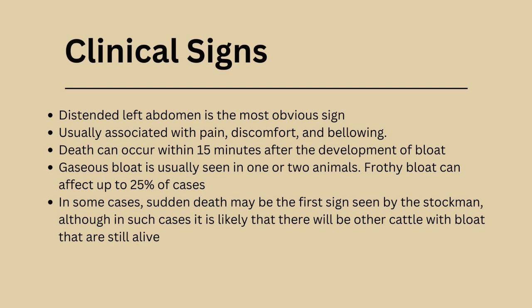Frothy bloat can affect up to 25% of cases. In some cases, sudden death may be the first sign seen by the stockman, although in such cases it is likely that there will be other cattle with bloat that are still alive.